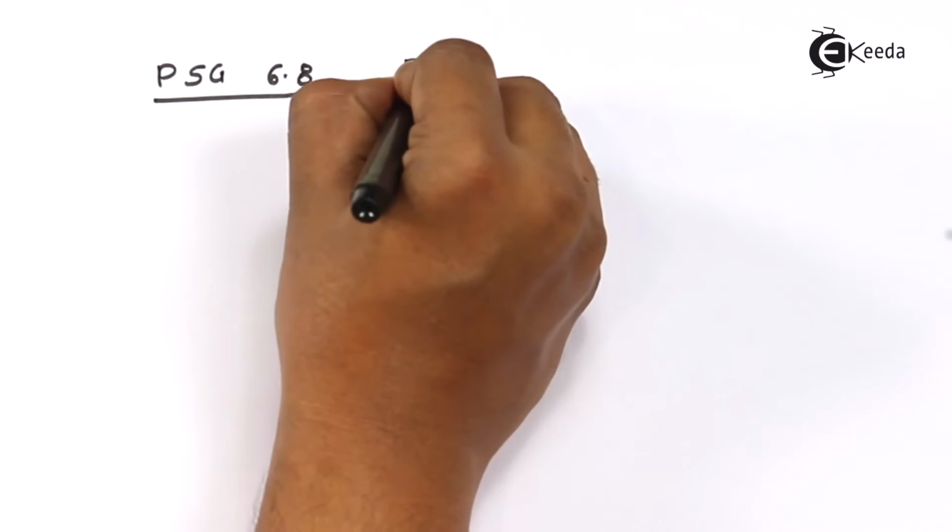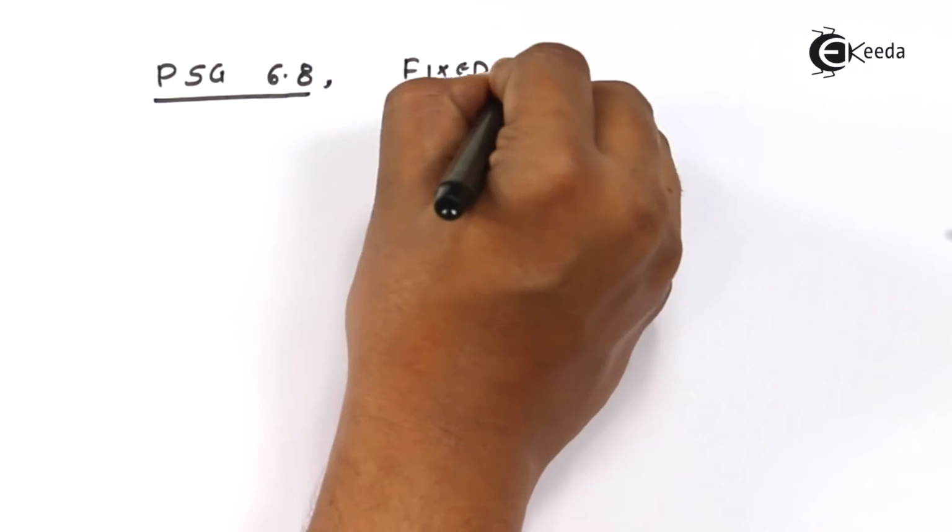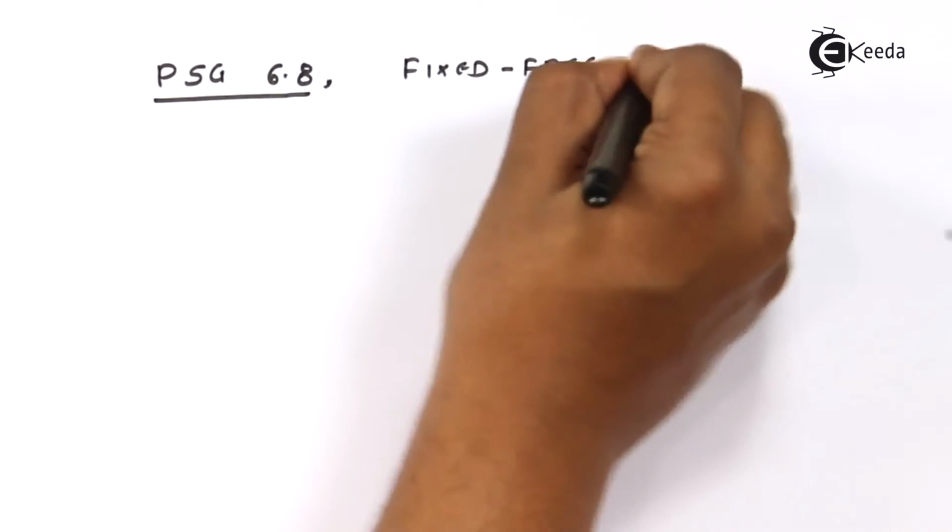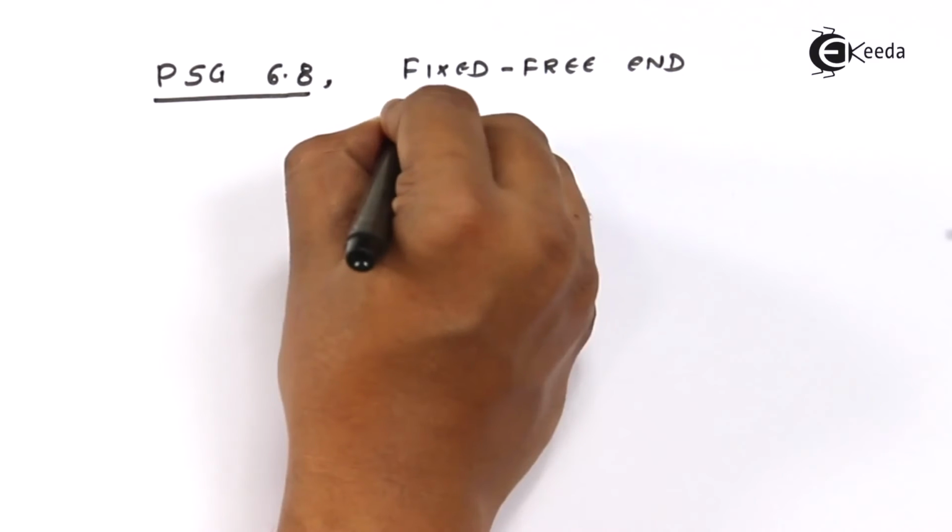There are different possibilities: both ends get stuck, one end gets stuck and one end is free, or one end is fixed and the other end is hinged. So let's go for a very common and sensible case where one end is fixed and another end is free. So we'll say fixed, free end conditions.